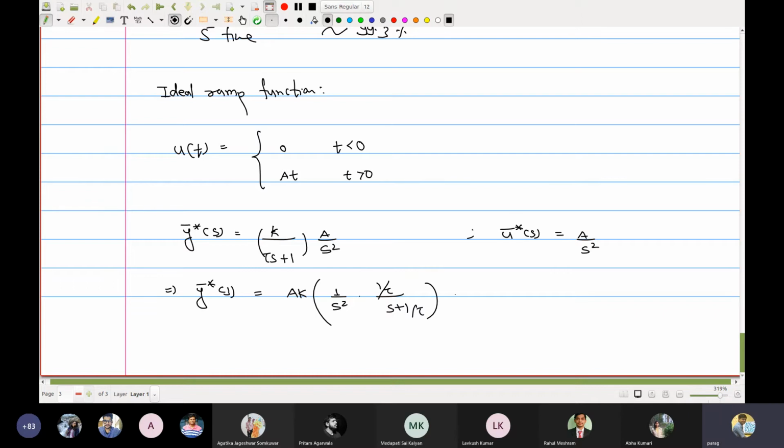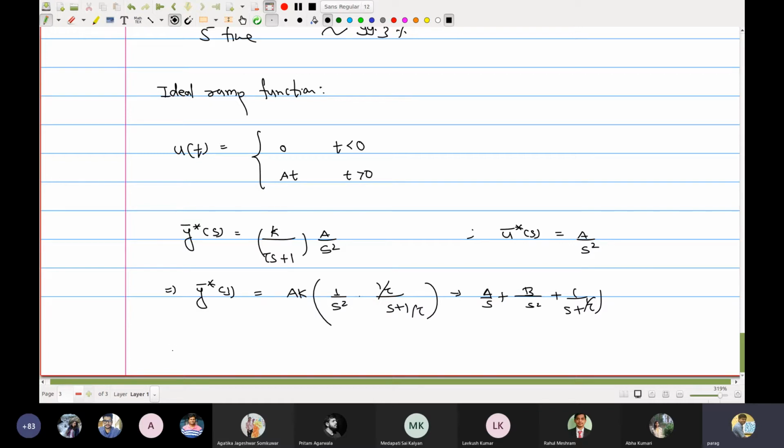Fine. So then you know the procedure. You will split it into partial fractions, a upon s plus b upon s squared plus c upon s plus 1 upon tau. I'm writing the final expression because, as I said, I'm more interested in analyzing the dynamics. I'm sure this is something you must have done previously.